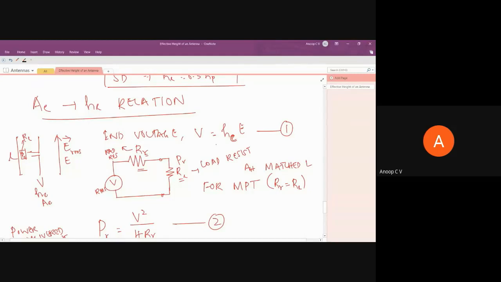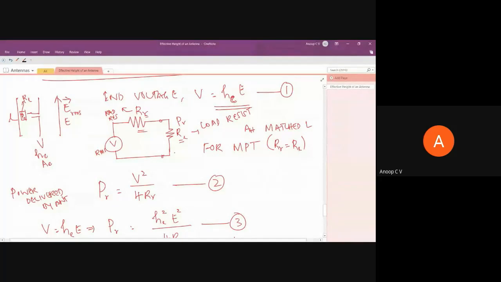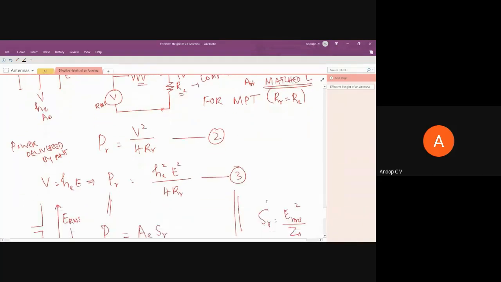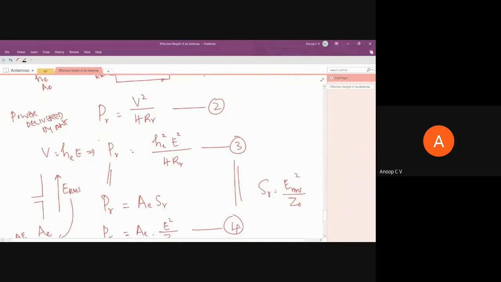Then the induced voltage is HE times E. If the antenna is matched to the load, which can be anything, the effective power delivered by the antenna to the system is V square by 4 RR, where V is the induced RMS voltage. So that is HE the whole square by 4 RR, equation number 3.